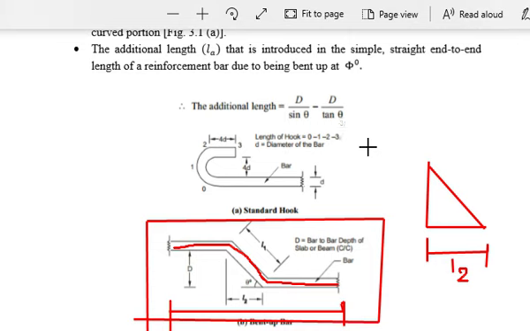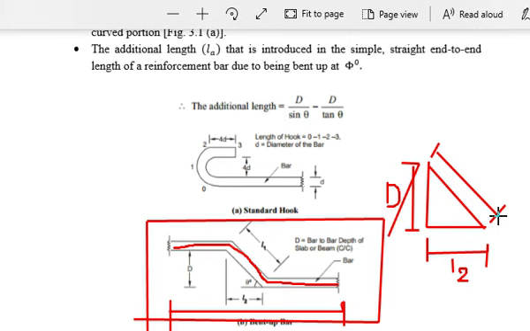Now come again over here. This is your D. But what we want is this length, for the calculation purpose. So how will I calculate this?